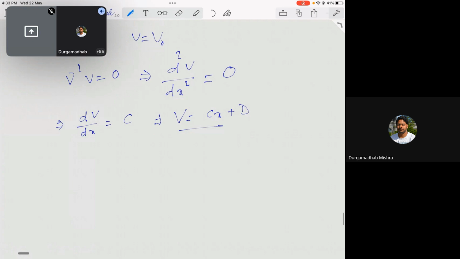Now, if I put x equal to 0, I know V is 0, and that means D will be equal to 0. I am simply substituting the boundary conditions here. For x equal to d, V will not be 0, it will be V naught.